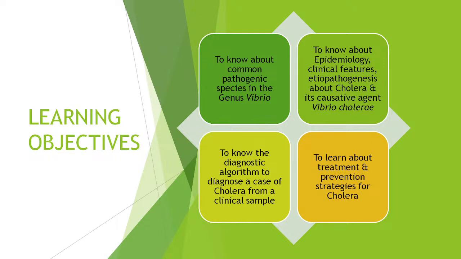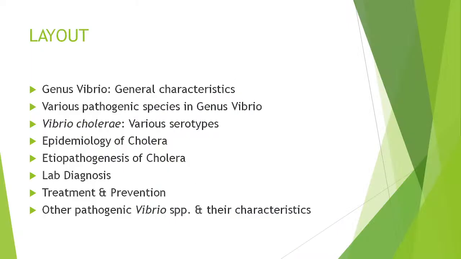Apart from that, the other Vibrio species we will briefly discuss. The main lecture will be on cholera and Vibrio cholerae, but I will cover the other species like Vibrio vulnificus, parahemolyticus. There are other pathogenic species as well. So this is in general the layout.